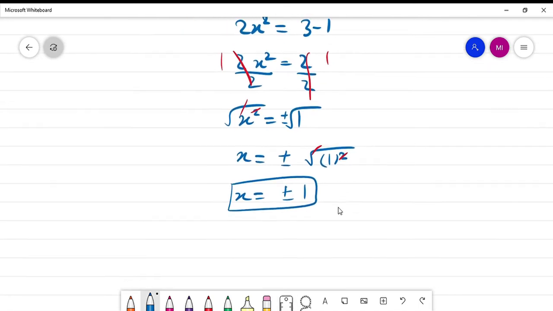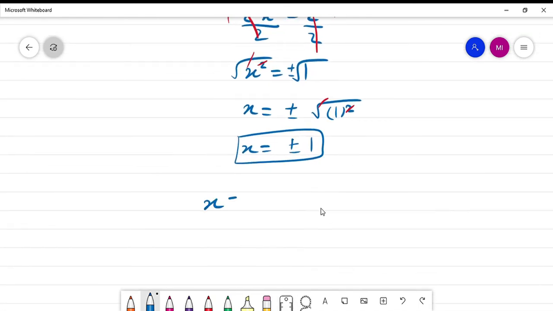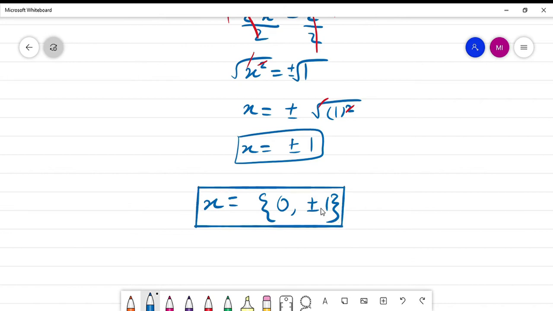So the solution set for x is 0 and positive and negative 1. And just like sometimes for quadratic equations we get one value instead of 2, in quartic equations, we are seeing right now that instead of 4 values, we got 3.